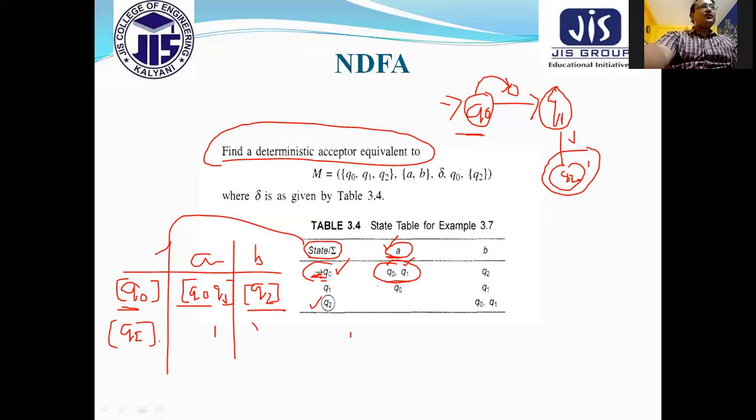If you take the Q2, you have to check that by taking the Q2 A input where we can reach. Null, nothing is there, so I can put a dash here. And taking the B, Q0, Q1, I have to write.